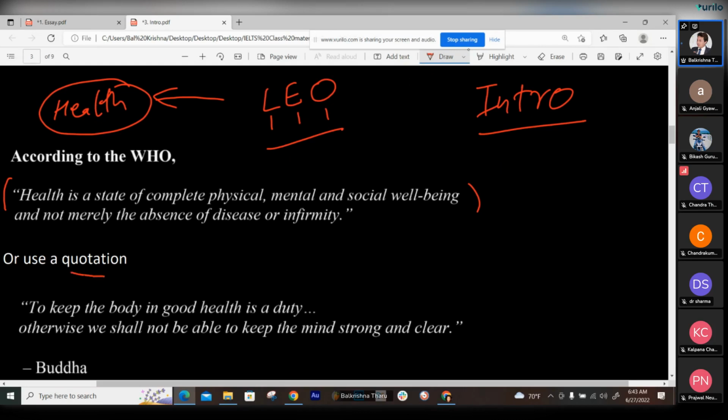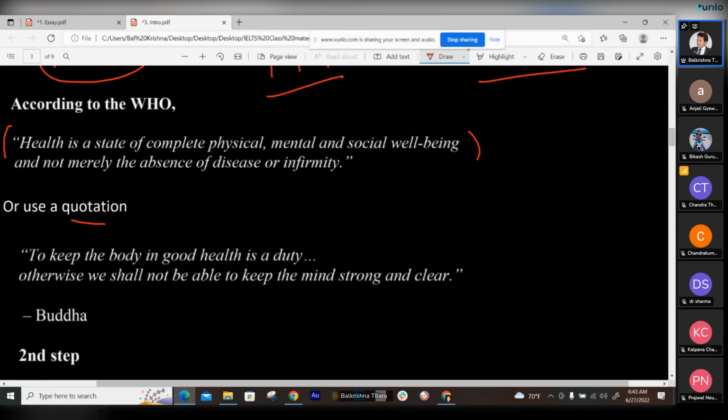or use a quotation. Here, I've used something that the Buddha once said: to keep the body in good health is a duty. Otherwise, we shall not be able to keep mind strong and clear. So you may define health, the keyword, in any way. So that's step one.